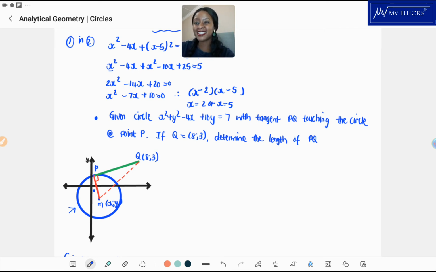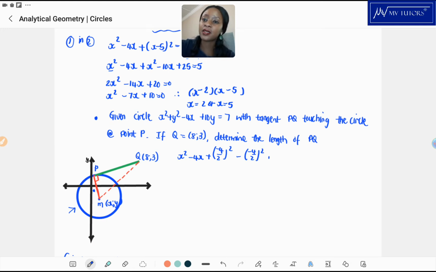Isn't there a simpler way of doing this? No. So we have x squared minus 4x, and I'm going to take negative 4 over 2, square it, and then subtract negative 4 over 2 squared.